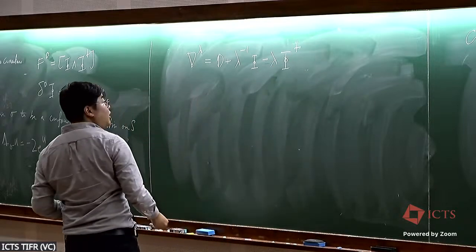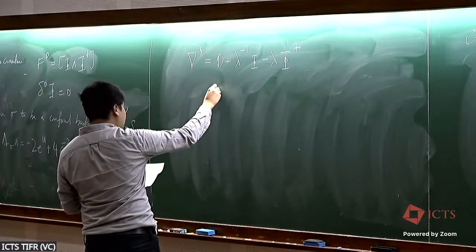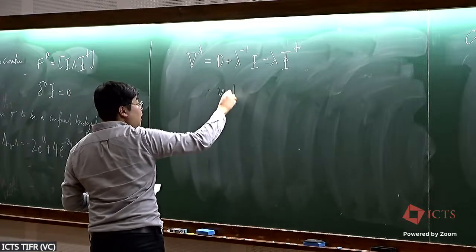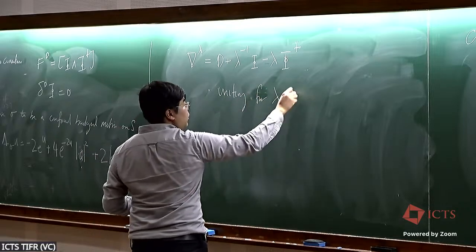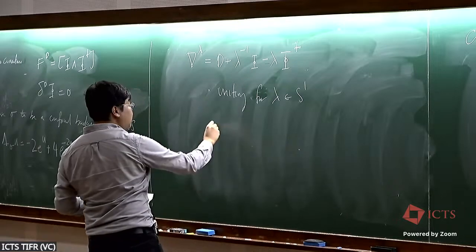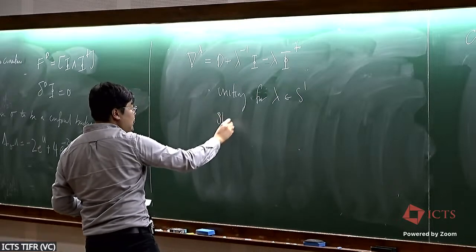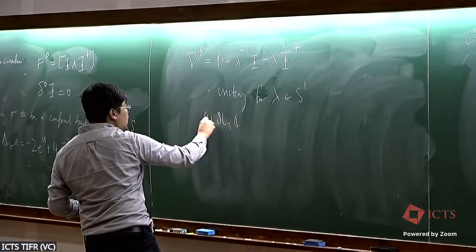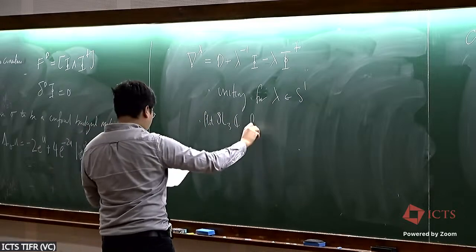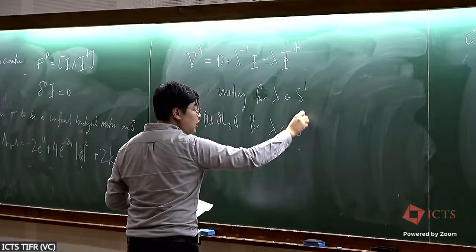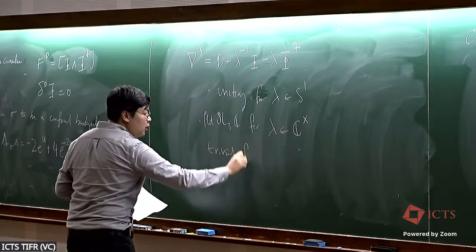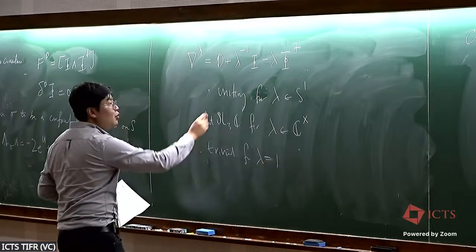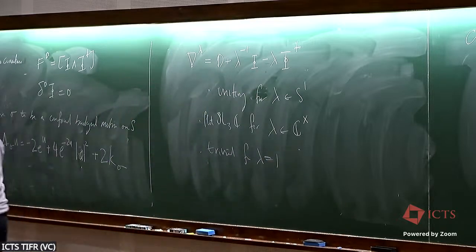So in particular, let me just write this out: you want that it's unitary for lambda on the unit circle, and otherwise it's a flat SL3C connection for lambda in C star. You want it to be trivial for lambda equal to 1, because when lambda is equal to 1, that's exactly the standard unitary flat connection I had on C3.